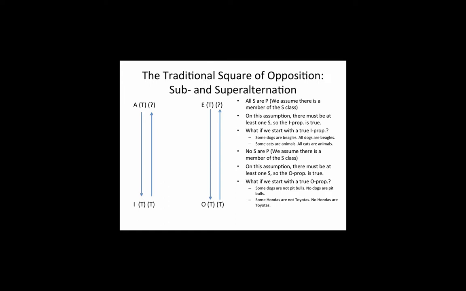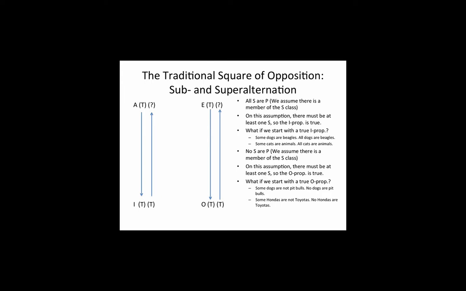So now draw your eye back over to the AI relationship. More specifically, look at the true I proposition, the second T in parentheses, and you'll see that the arrow going upwards leads to a question mark, which is to say that if the I proposition is true, the A proposition is undetermined. Why is the A proposition undetermined?